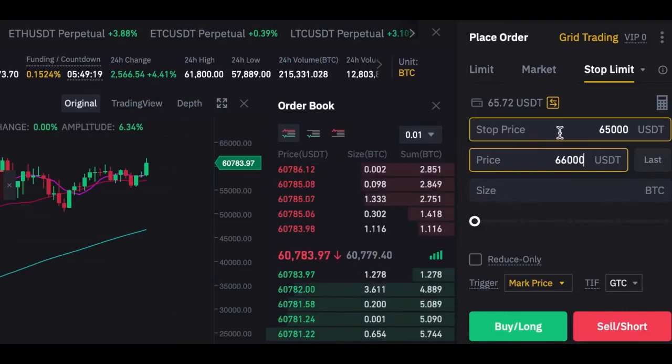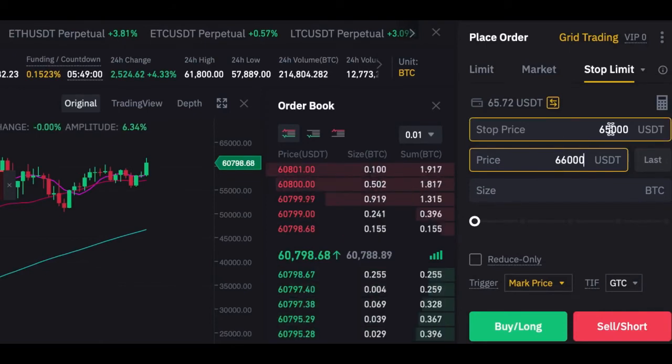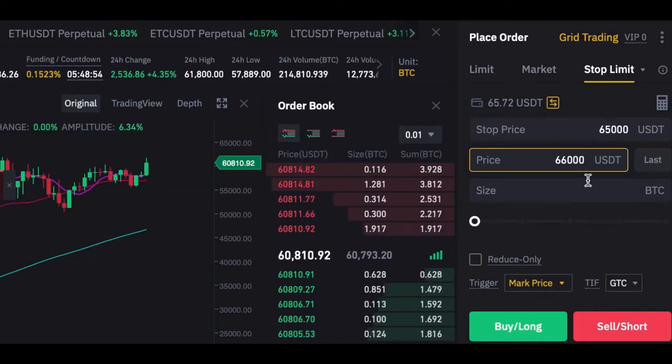As soon as the price in the market hits 65,000, we are going to be selling and reducing our position. And of course, I'm happy to sell all the way up to 66,000. The price is not going to be 66,000 though. It's probably going to be 65,100 or 65,150. You may actually trade at a couple of different prices as the market moves around.